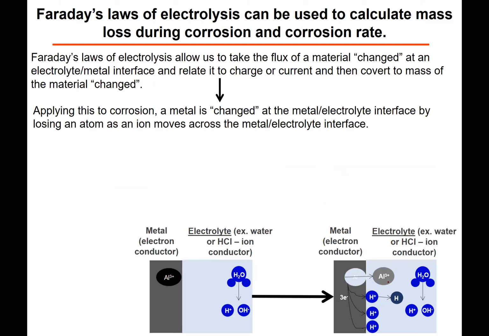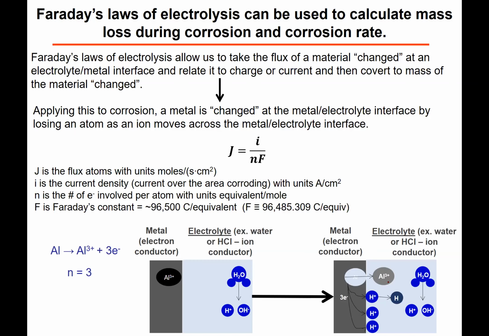So let's talk about how we quantify the amount of applied current and the flux of a material. So here, if you remember, flux of atoms with the units of moles per centimeter squared, what you'll notice is that now we'll talk about current density.